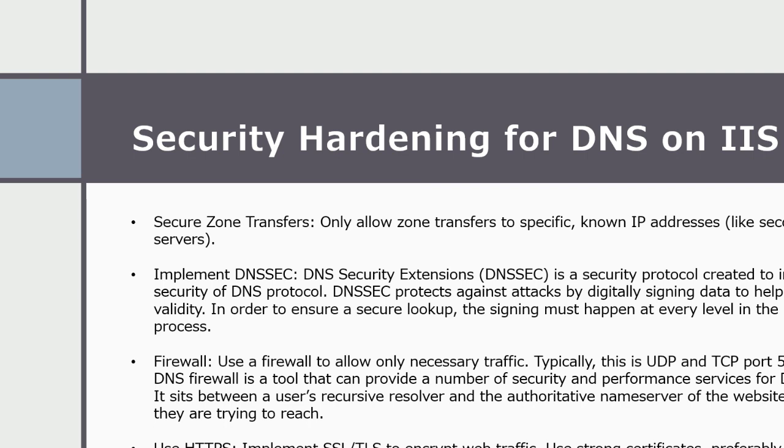It is a security protocol created to increase the security of the DNS protocol. DNSSEC protects against attacks by digitally signing the data to help ensure it is valid. In order to ensure a secure lookup, the signing must happen at every level in the DNS lookup process.